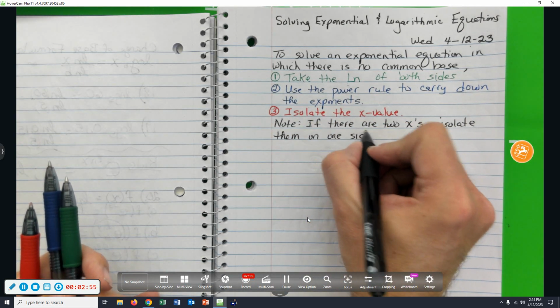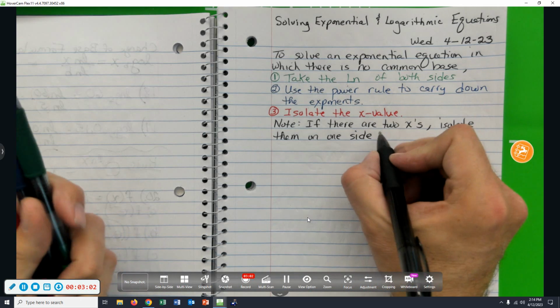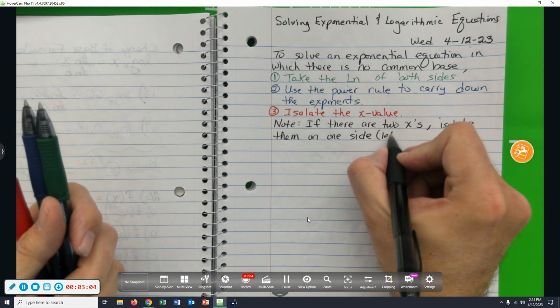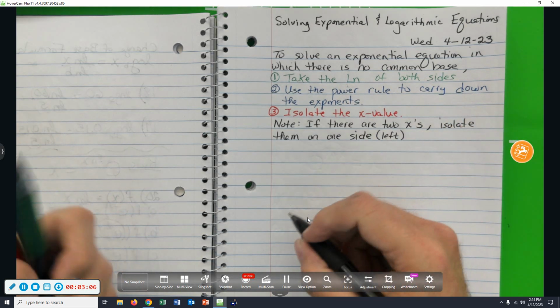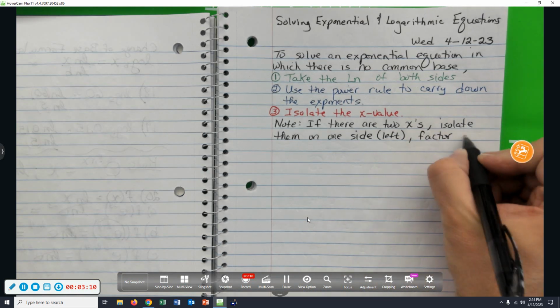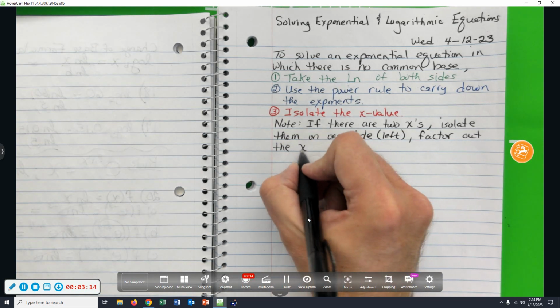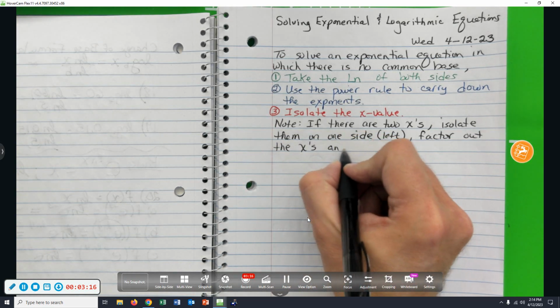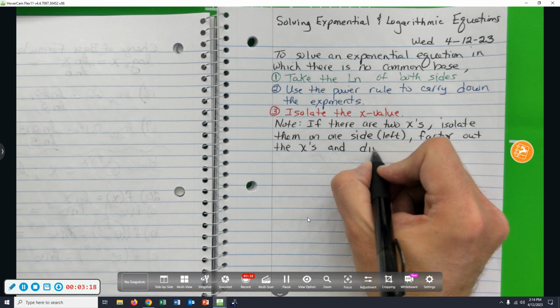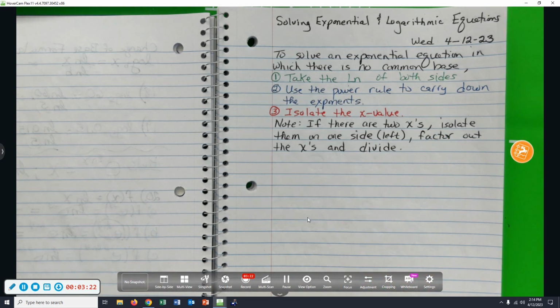So if we have an x on each side of the equation, then isolate them on one side. The side I'll always use is the left side, but it'll be up to you. Then factor out the x's and divide. What I mean by that will become clear as we're actually doing an example.